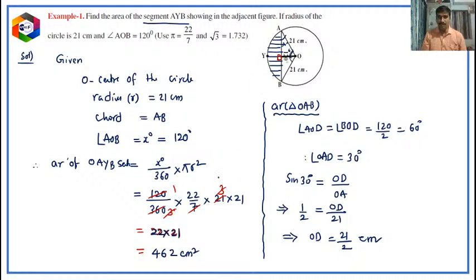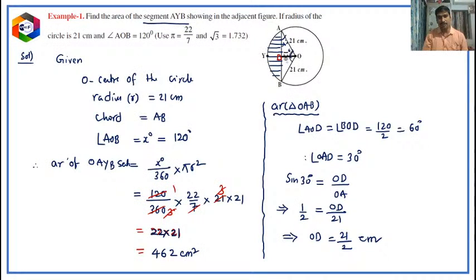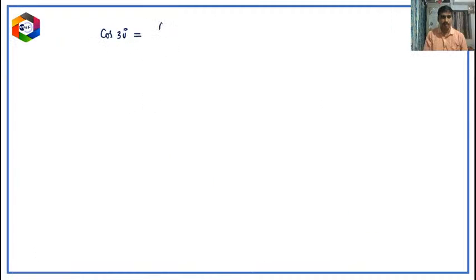Now in the same triangle OAD, this time I am going to use cos 30. Observe children. So cos 30, with respect to 30 degrees, is adjacent by hypotenuse. Adjacent is AD, hypotenuse is AO. So cos 30 is equal to AD by AO. Cos 30 is root 3 by 2, which is equal to AD, which we don't know, by AO, which is 21.